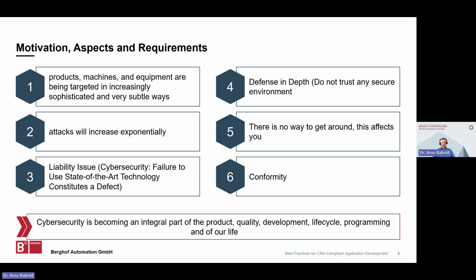In the end, you need conformity, but if you want to do it correctly, care about cybersecurity and do everything you need to do. Cybersecurity is becoming an integral part of product quality, development, the lifecycle, programming, and of course also of our life. I hope this is enough motivation to do it the correct way.